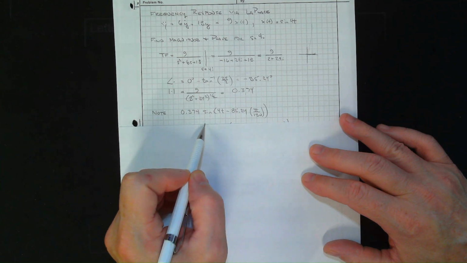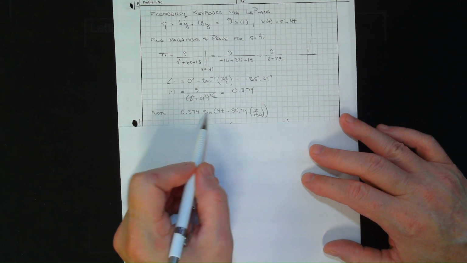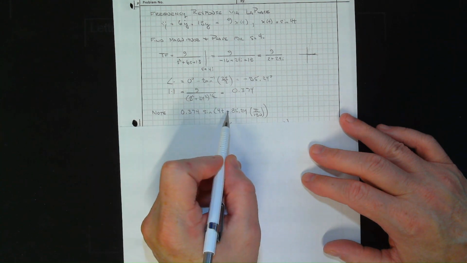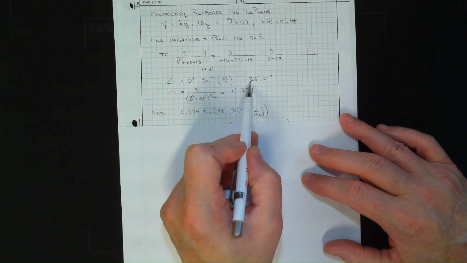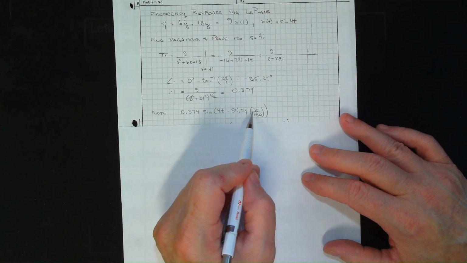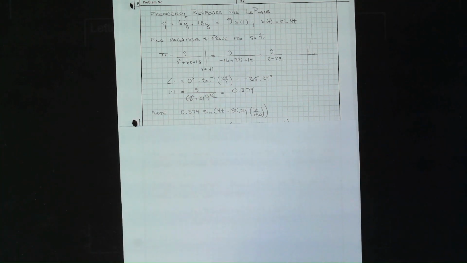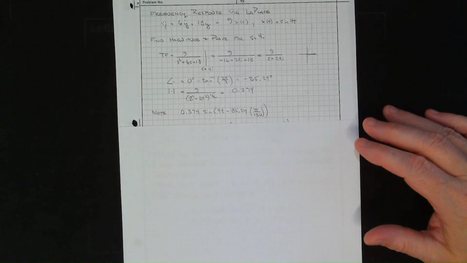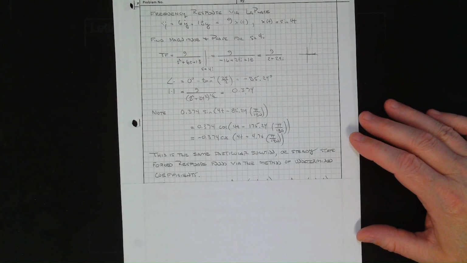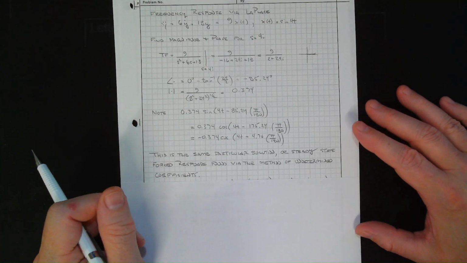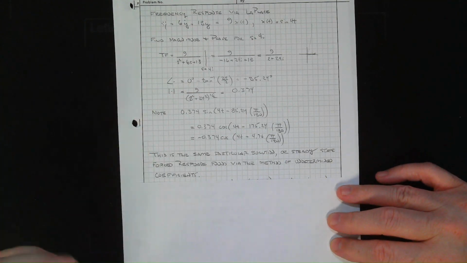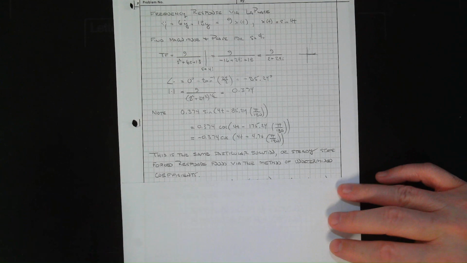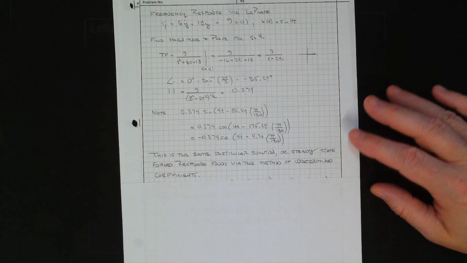So 0.374 is the amplitude. Sine of 4t just flies through, minus, and here's the phase shift, 85.24 degrees, which we'll convert into radians, pi over 180. Okay? So here's the neat thing. This is the same particular solution, or steady state forced response, we found via the method of undetermined coefficients earlier.